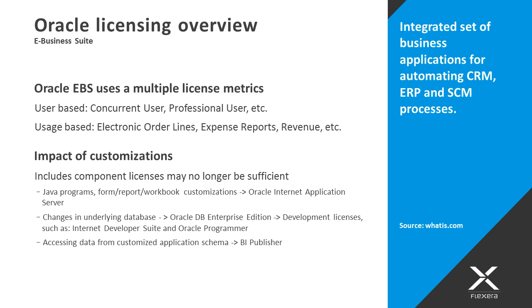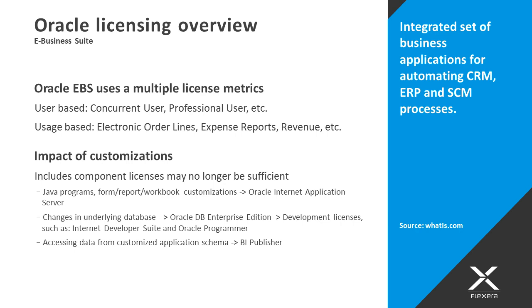And there are usage-based metrics, and those could be things that are based on electronic order lines, company revenue, number of expense reports processed. So depending on the feature capability that you're using, there could be a specialized metric for that. So this is basic licensing.